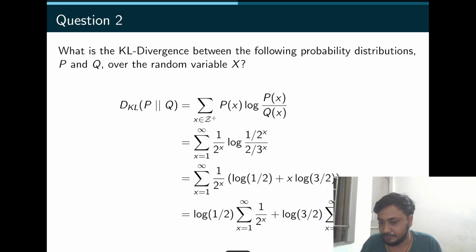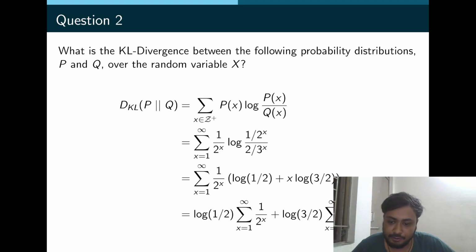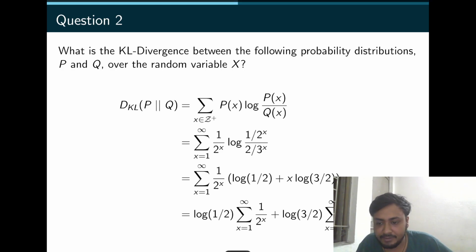What about this one? This is summation over x equal to 1 to infinity x by 2 to the power x. So what is actually happening here? Is this a GP series? Can anybody say? Is this part a GP series?